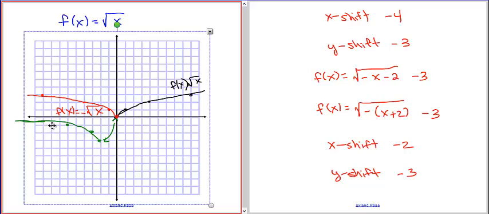We know it's going to be somewhere between up 2 and up 3. Okay, so we've done the quadratic function, we've done the square root function. The cubic function is the same deal.